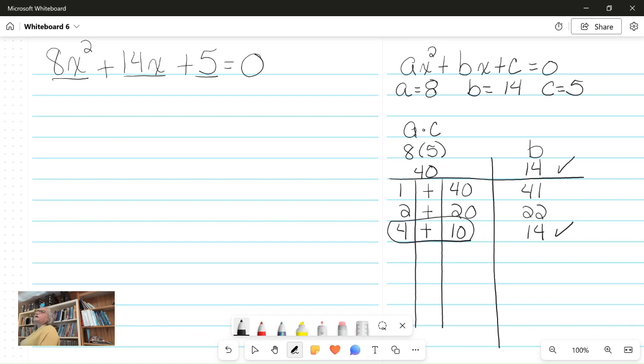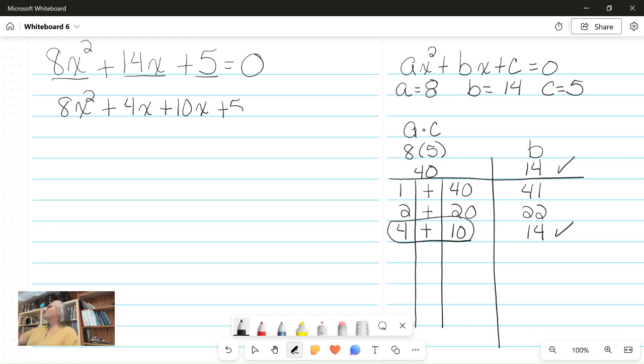Now I'm going to use those two factors, the 4 and the 10, to expand the 14x. By expanding it, it's going to look like this. My 8x squared is going to stay the same, but I'm going to rewrite the 14x as 4x plus 10x. 4x plus 10x still gives me my 14x, so I'm good.